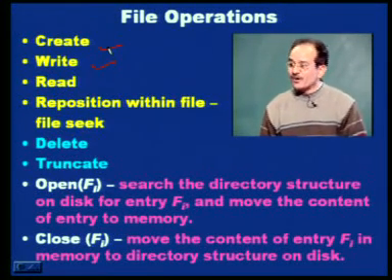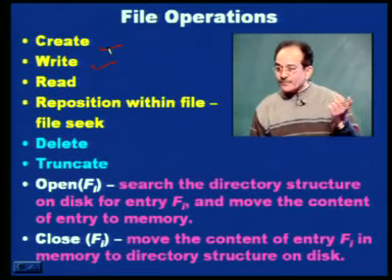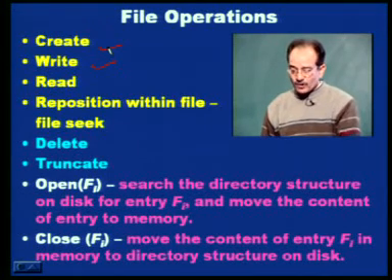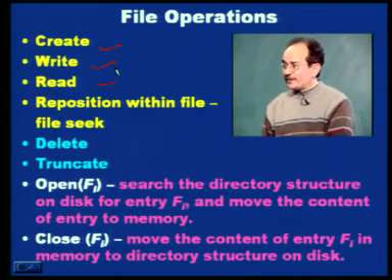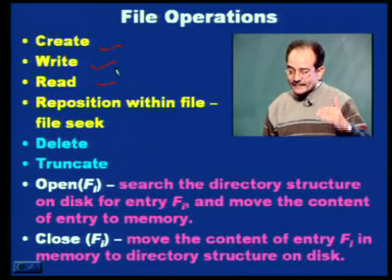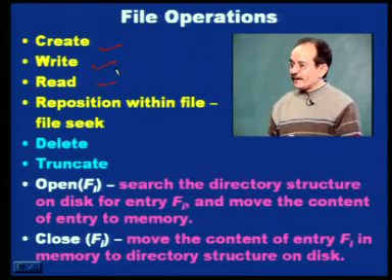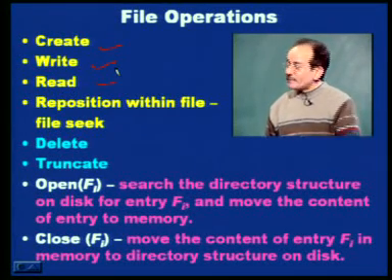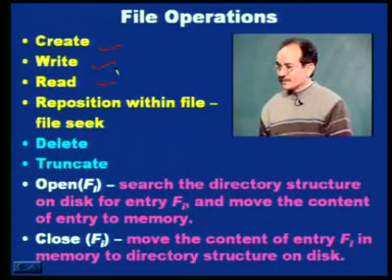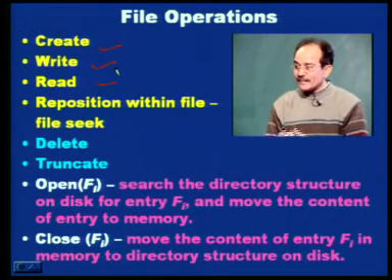Maybe the moment I say write, there may be some system call through which I am writing into a file, or the same way I am reading. Maybe I have to position my file pointer for both read and write. If I have to read a file, what sort of system calls do I have to have? Maybe I have to open a file first, that is the first system call through which I have to do it.